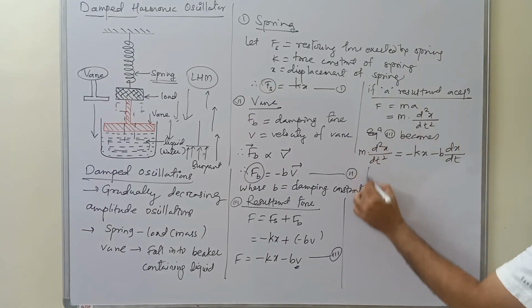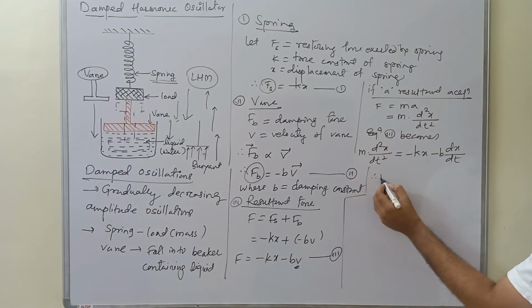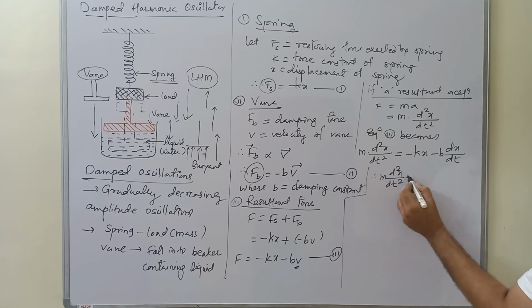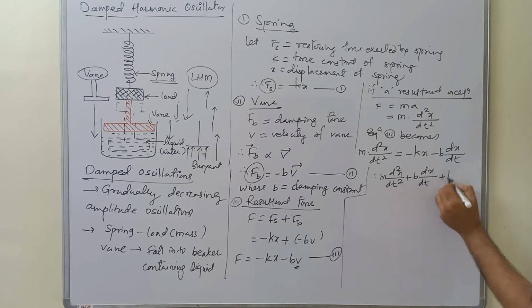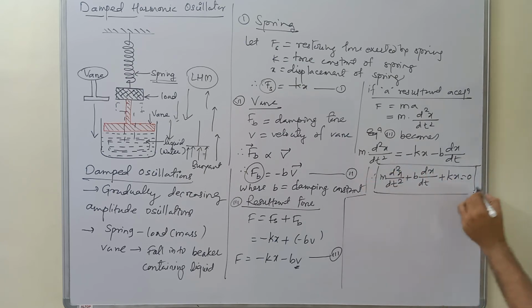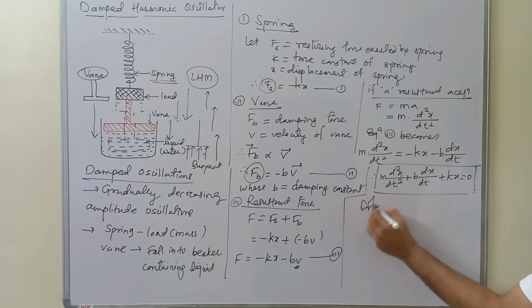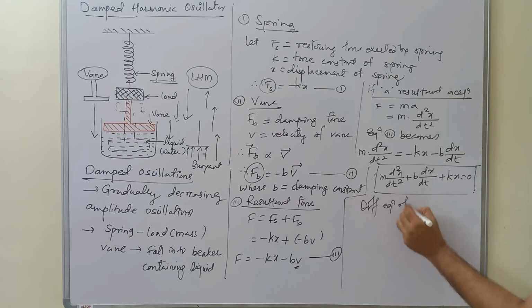Shifting all terms to the left hand side, we get m d2x by dt2 plus b dx by dt plus kx equals 0.